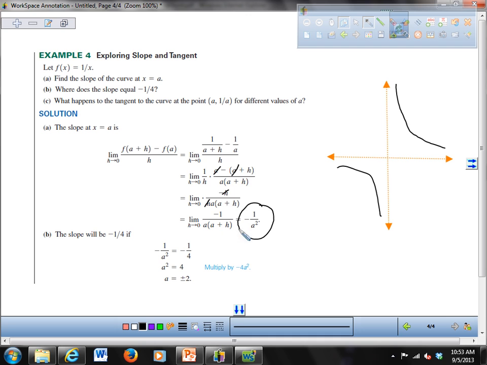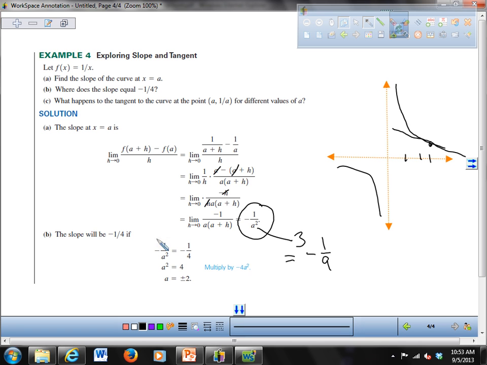So for instance, if I want to know what is the slope of this curve at positive 3? Negative 1/9. So if I go over here to 1, 2, 3, the slope of the tangent line at that point would be down 1/9. The other question they ask you, where does the slope equal negative 1/4?